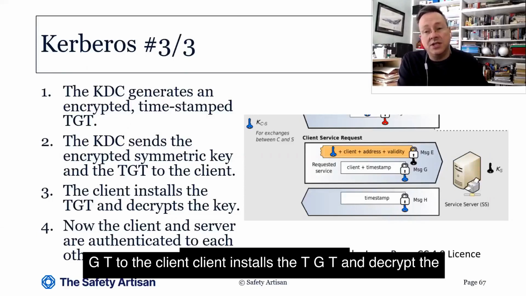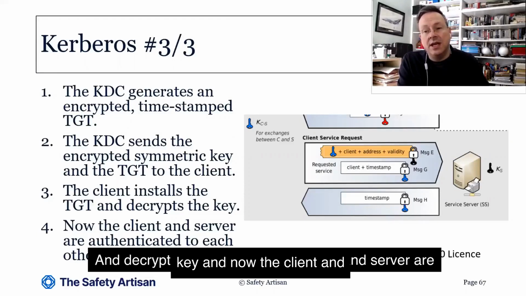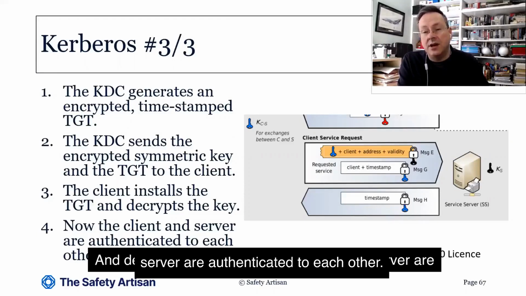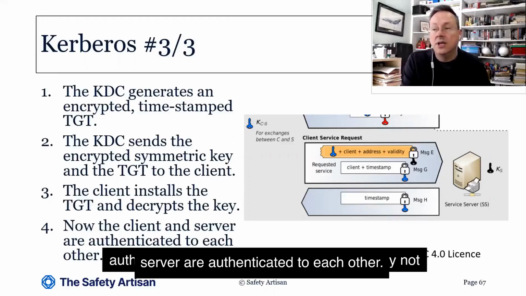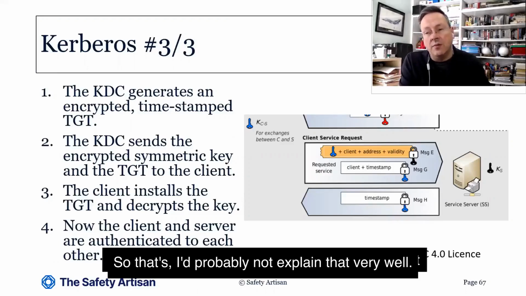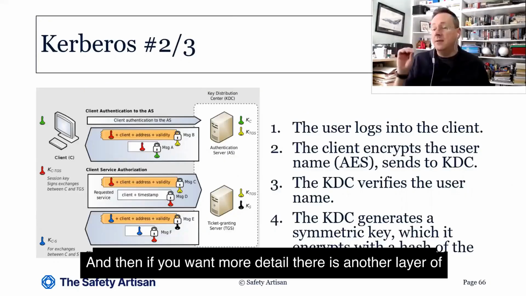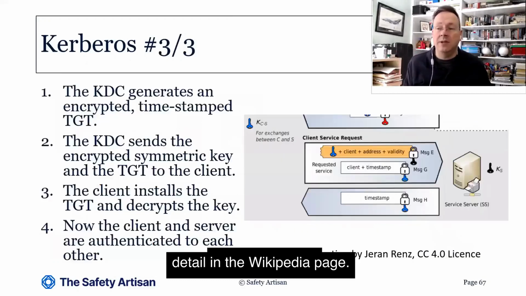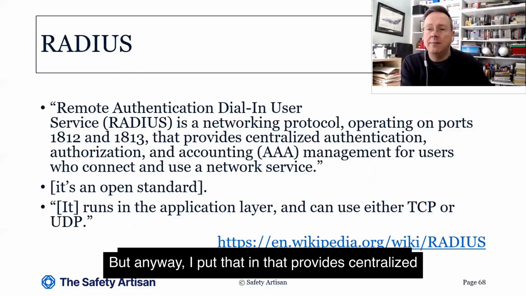Client installs the TGT and decrypts the key, and now the client and server are authenticated to each other. So I've probably not explained that very well. And then if you want more detail, there is another layer of detail in the Wikipedia page. But anyway, I put that in.